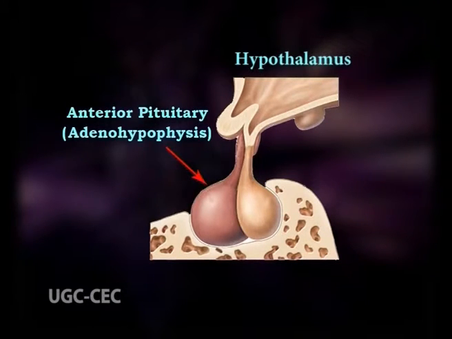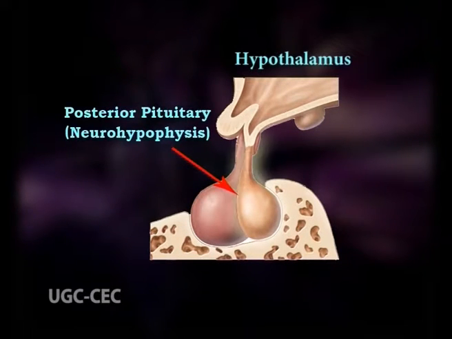First is the anterior pituitary, also known as adenohypophysis, a classical gland composed predominantly of cells that secrete protein hormones. Second is the posterior pituitary or neurohypophysis, which is not a separate organ but an extension of the hypothalamus.